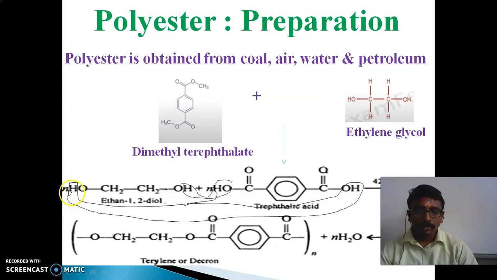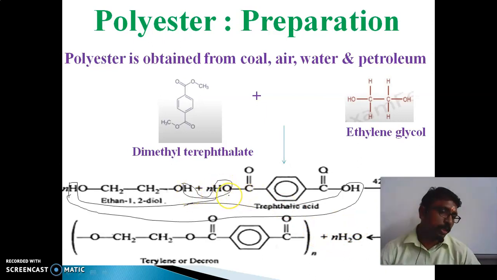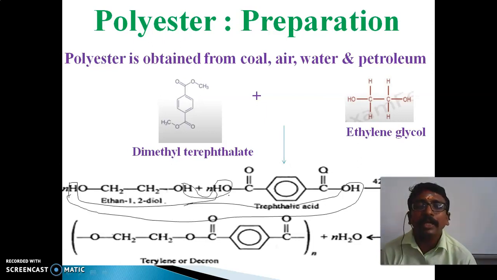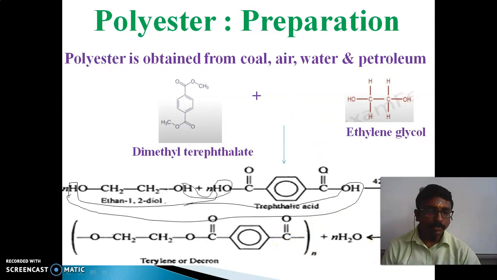Understood, children? So here hydrogen and OH, H2O. Here also one hydrogen, here OH. In carboxylic acid, the OH is removed. In alcohol, the hydrogen is removed. So that two molecules of water are removed.